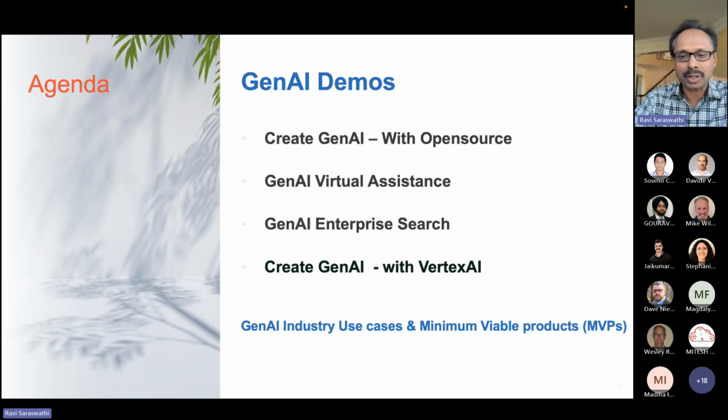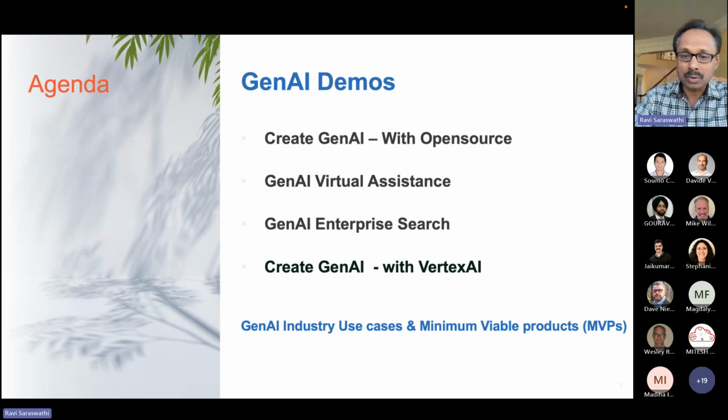And the fourth one I want to cover is how can we create GenAI applications by utilizing Vertex AI. We have a couple of demos that we can show in terms of how we can roll out a GenAI application by utilizing Google services like Vertex AI, Generative App Studio, and a couple of other stuff.